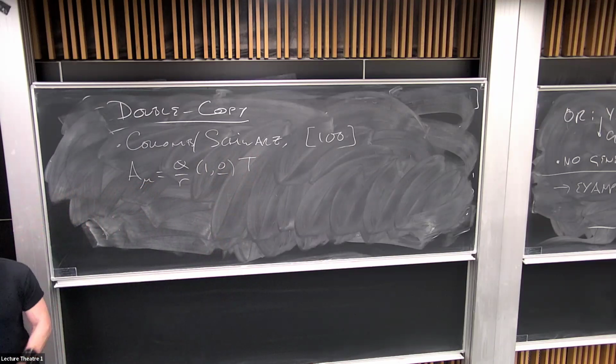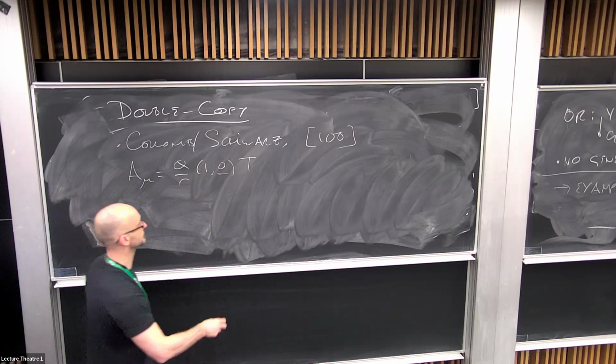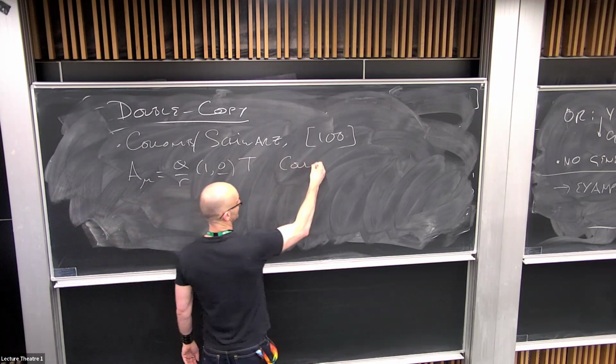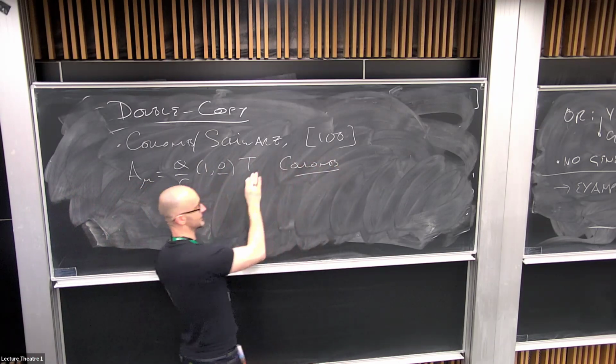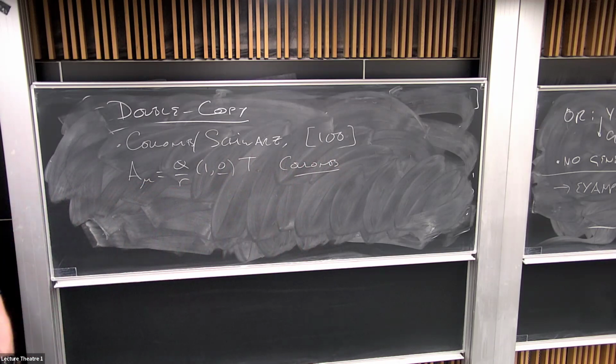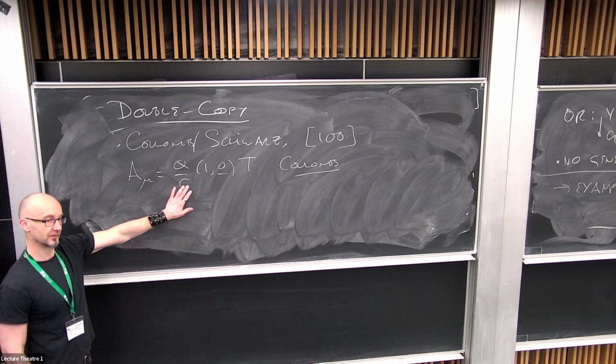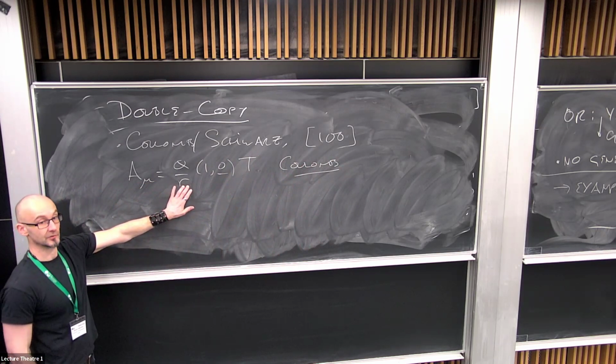So there's Coulomb and Yang-Mills. The non-abelian stuff is just going to sit there, basically. We're not going to be too worried about it. So in some sense, we don't know what the double copy of this is. And in some sense, we absolutely do.